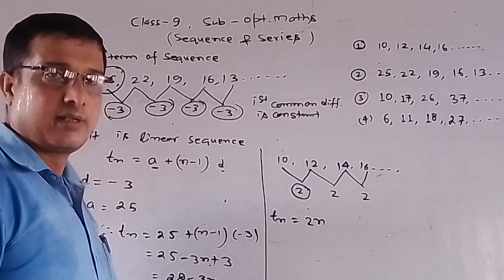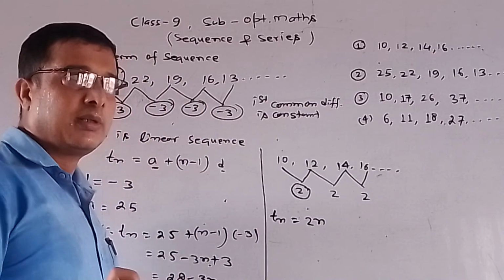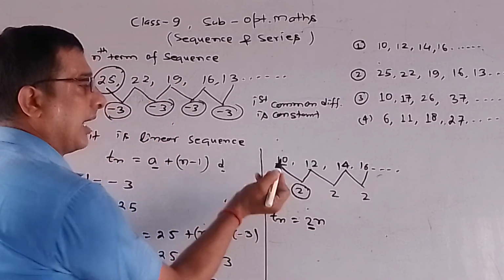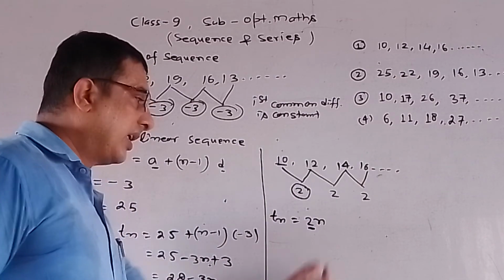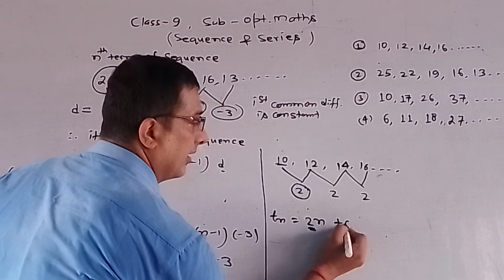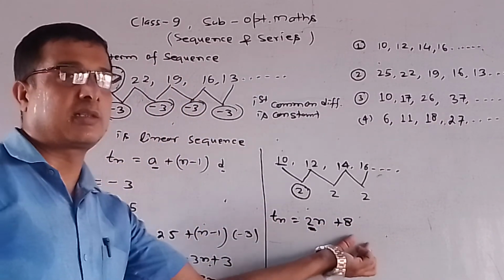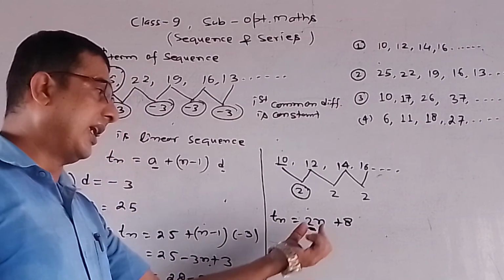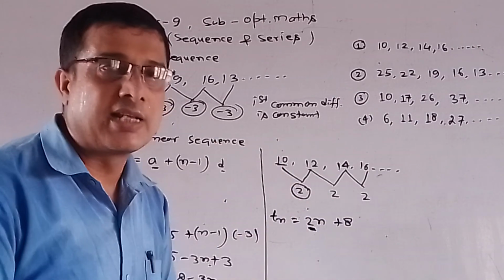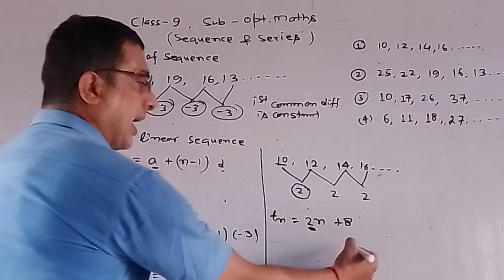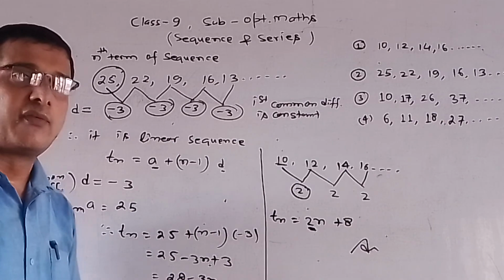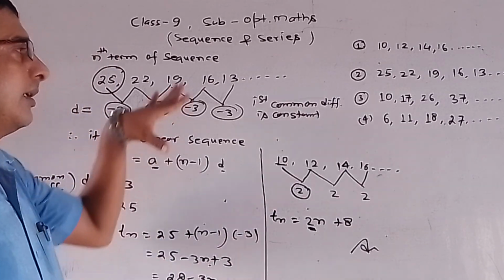Then put n equal to 1: you get 2, but our first term is 10, so we balance by adding 8. So Tn is 2n plus 8. You can write it directly, or use the formula. This is how to find the nth term of a linear sequence.